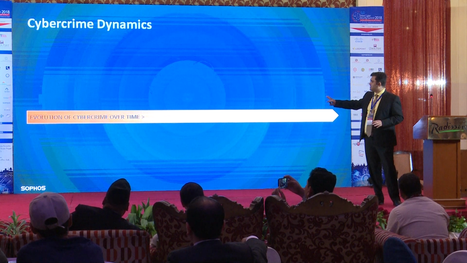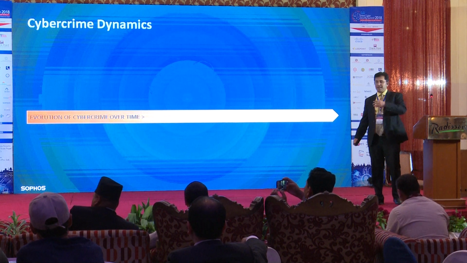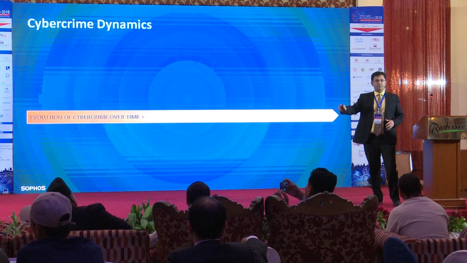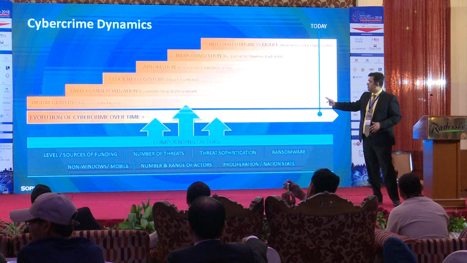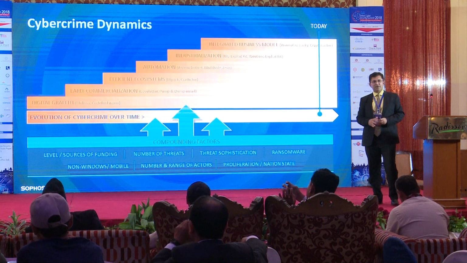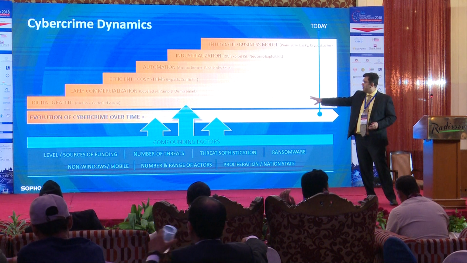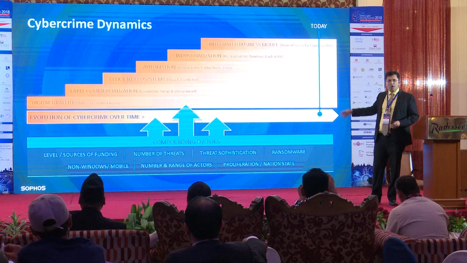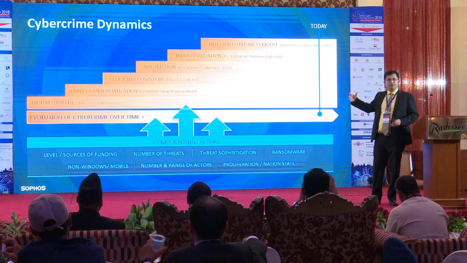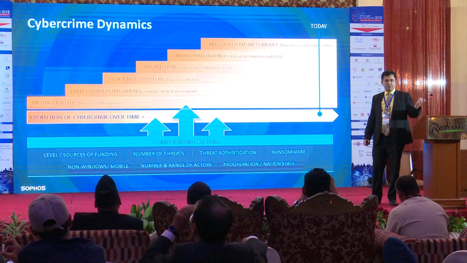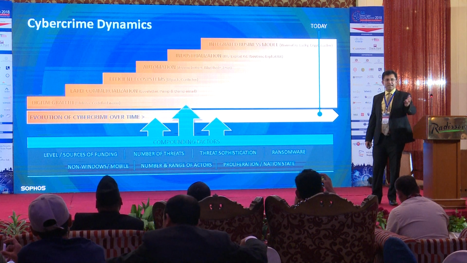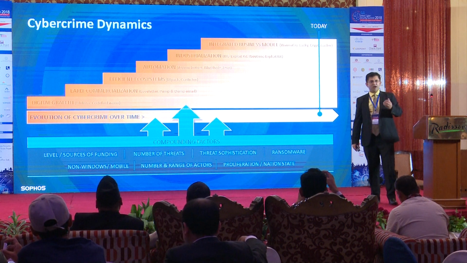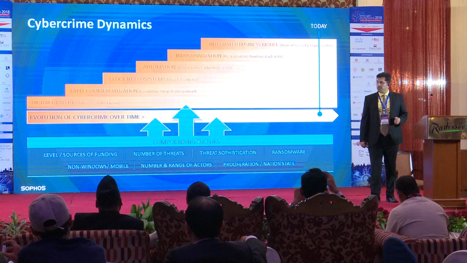So this slide, we have seen this in the previous presentation, was the evolution of cybercrime. They started with Melissa and Code Red in the 90s, and it has evolved into the ransomware attacks, which were full of them last year. For example, Petya, Bad Rabbit, and others.